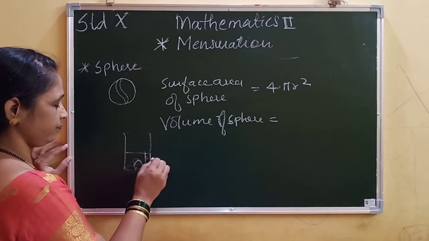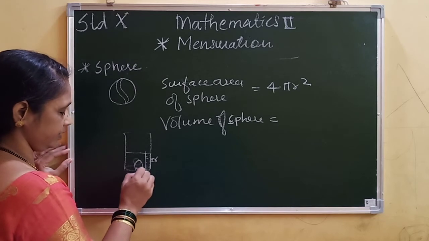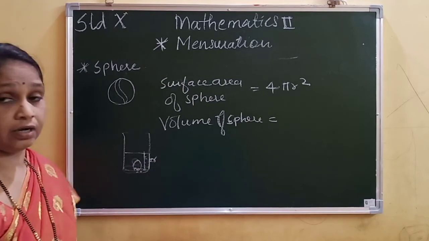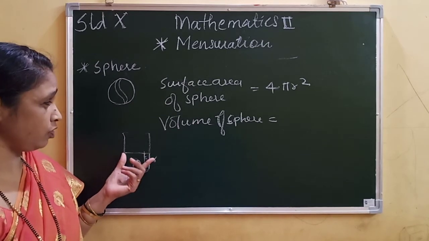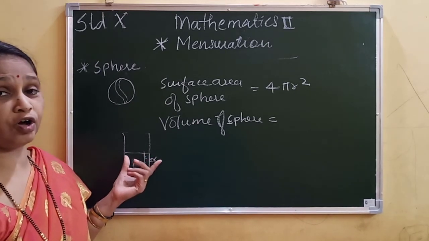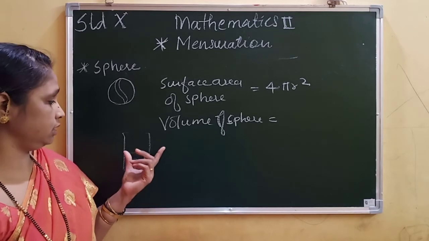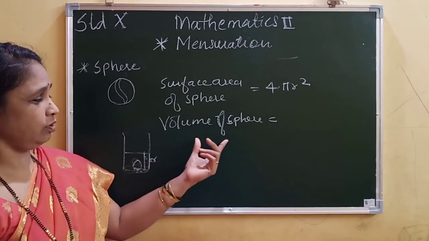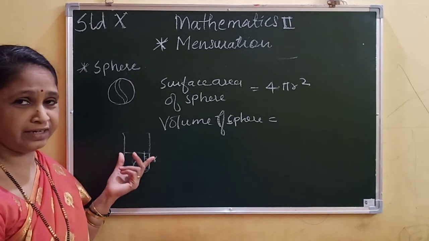Okay, so this is the radius and this radius, it is same. So now you can derive the formula of it. So volume of this is equal to volume of ball plus volume of cylinder.